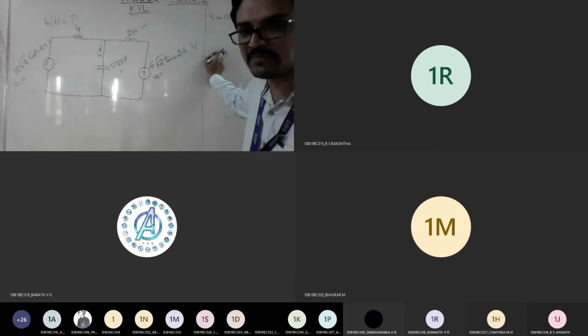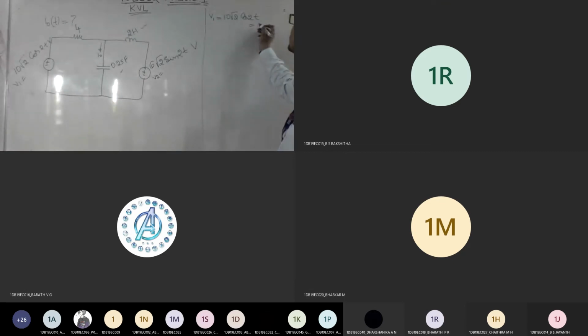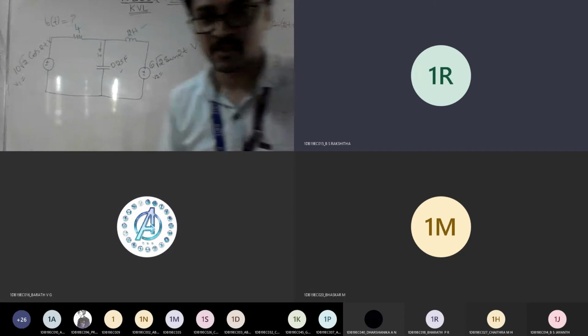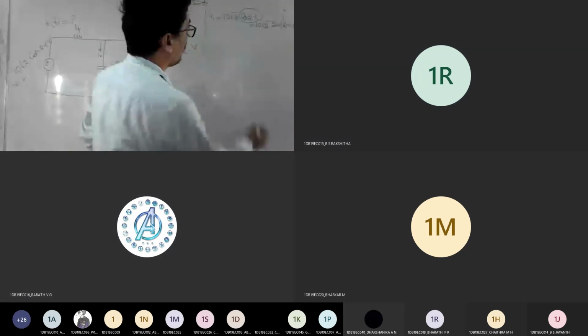So that I am implementing here. I will keep the 10 root 2, which is a constant term, as it is. I am replacing cos 2t with sin of 2t plus 90. Am I clear with the first point, everyone? Yes, sir. In general, what is the form of this?